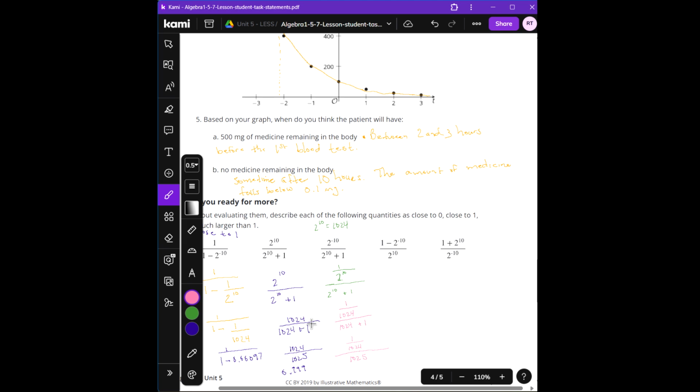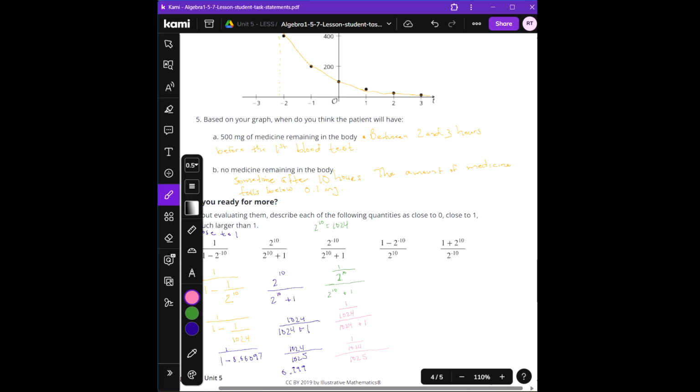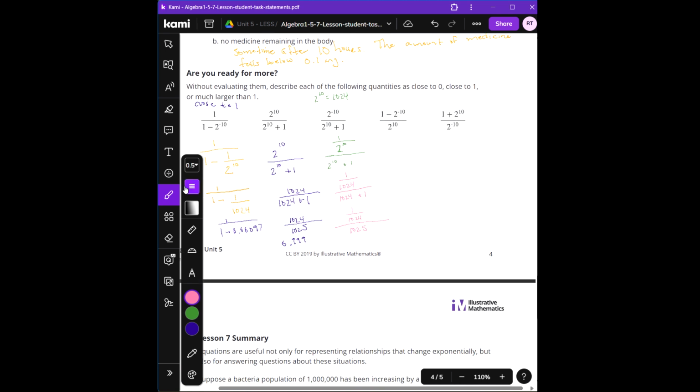Okay, so now let's take a look at this one. Sorry, actually, let me go down. Now remember, for our division of fractions, I'm going to have 1 divided by 1024 times, remember the reciprocal, 1 divided by 1025.